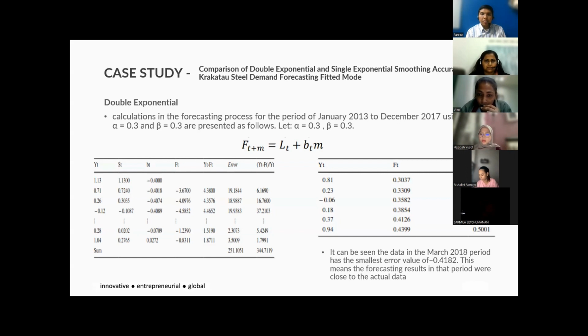From there we can get the YT and also FT value with the error percentage. Here, this is only on March data. In the March 2018 period, we have the smallest value of negative 0.4182, which means the period was very close to the actual data.